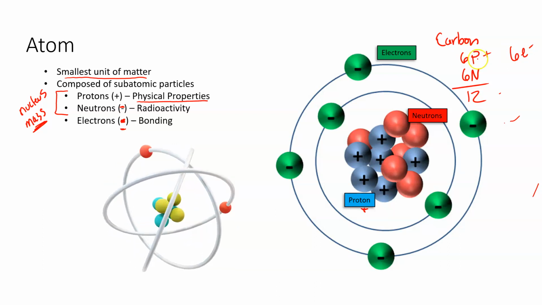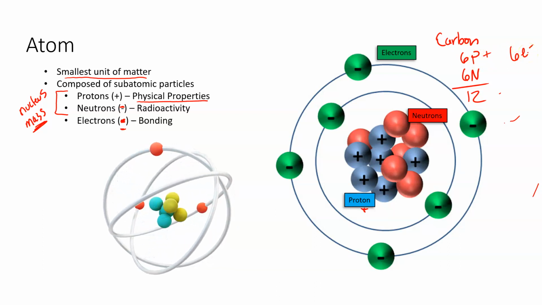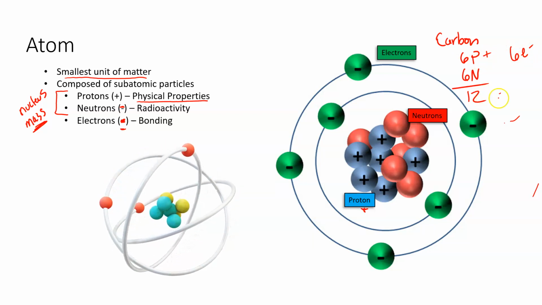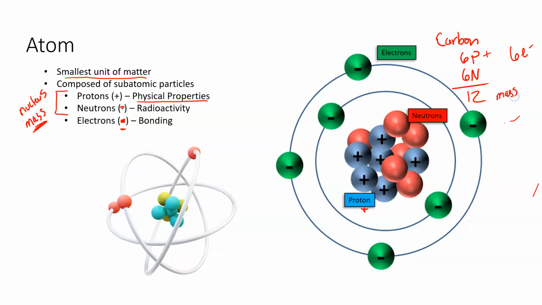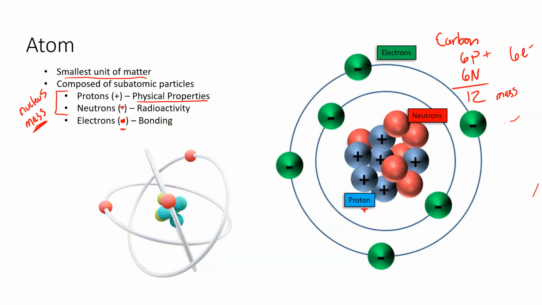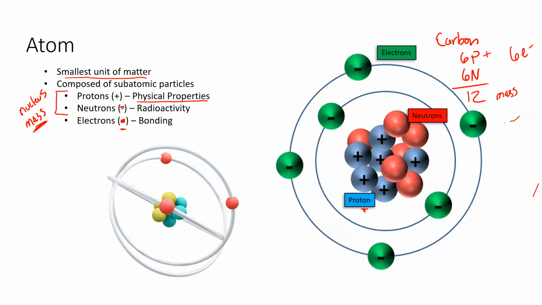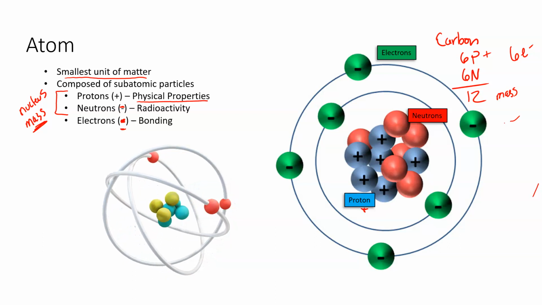And so if you have 6 positives and 6 negatives, then you have a net charge of 0. Okay, but the atomic mass would be 12, and so when you hear us or me talk about carbon-12, that is the normally occurring isotope or normally occurring carbon atom.